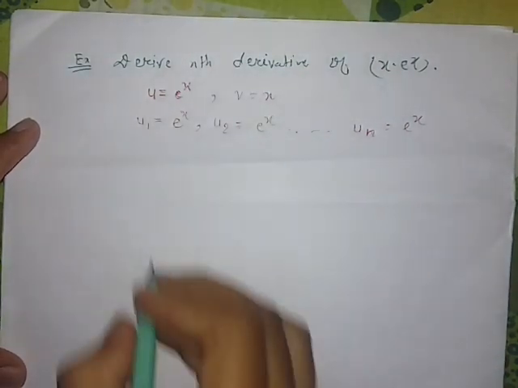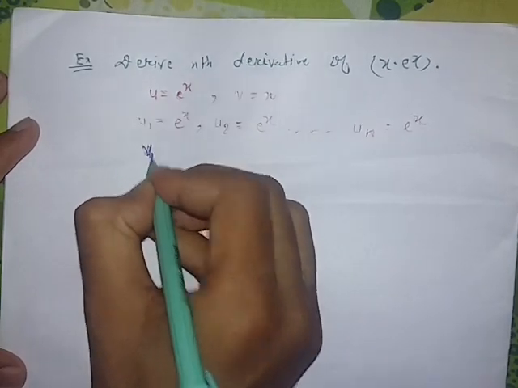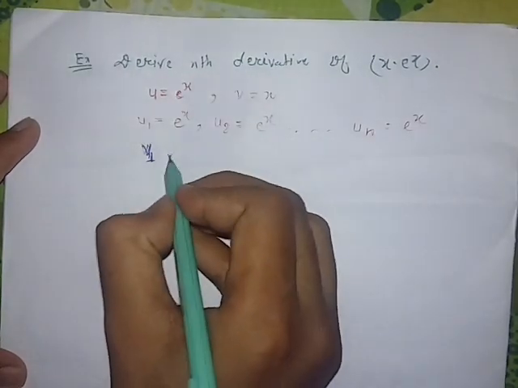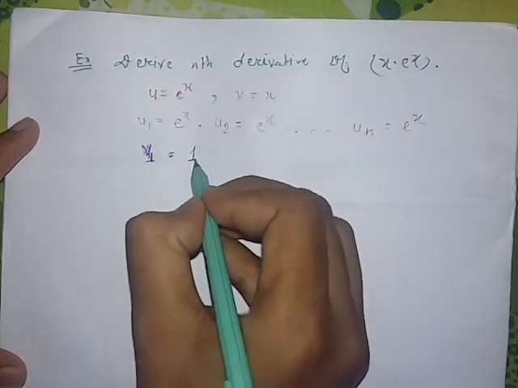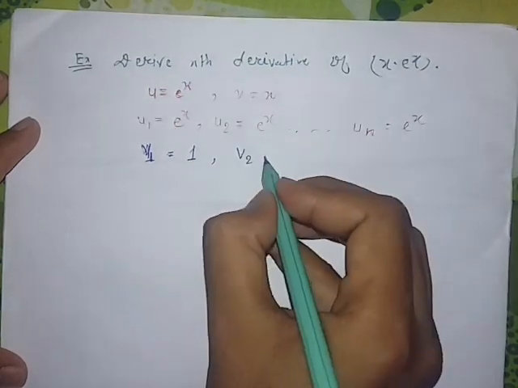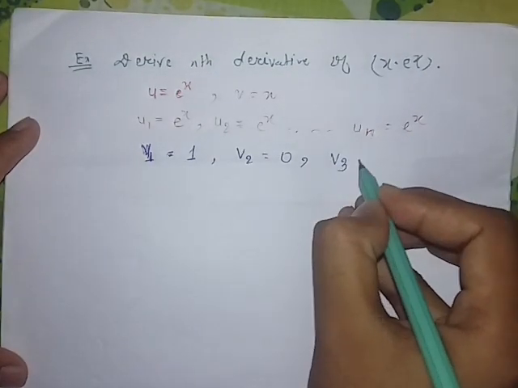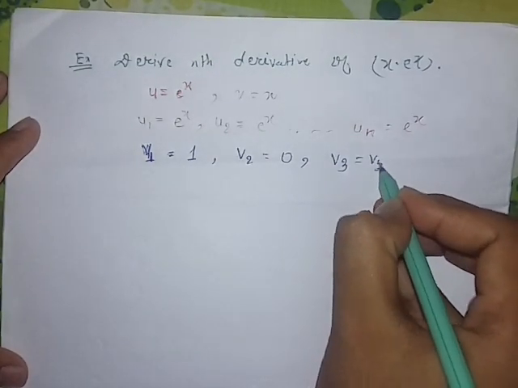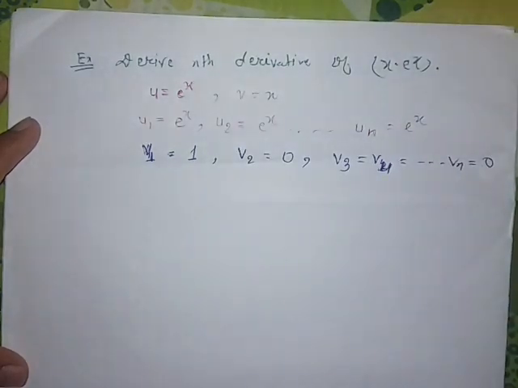Now we derive v1. If we differentiate the term x, then we will get 1. Again we differentiate 1, as this is a constant, so we will get 0. So in this way we will obtain any higher derivative as 0.